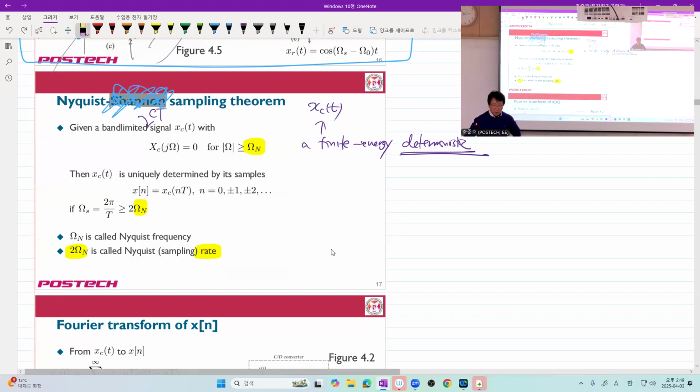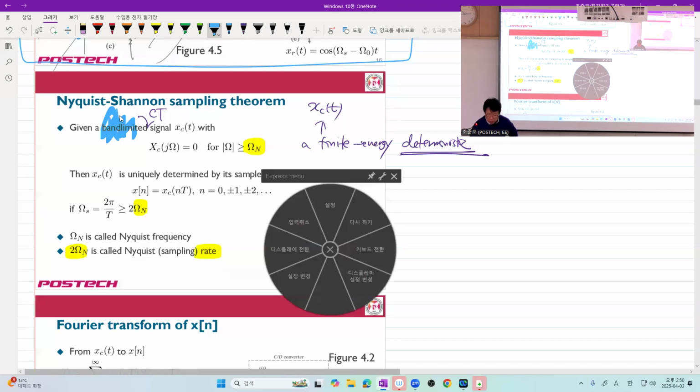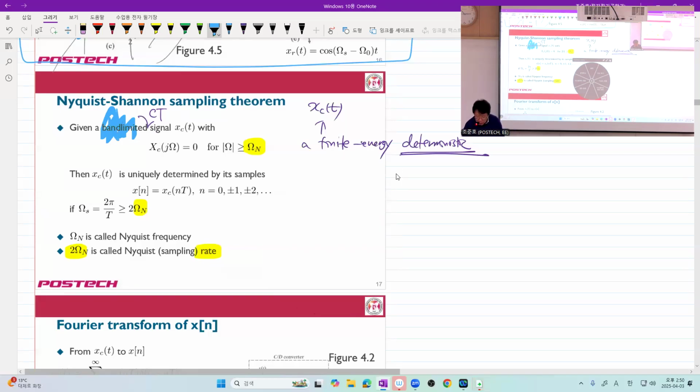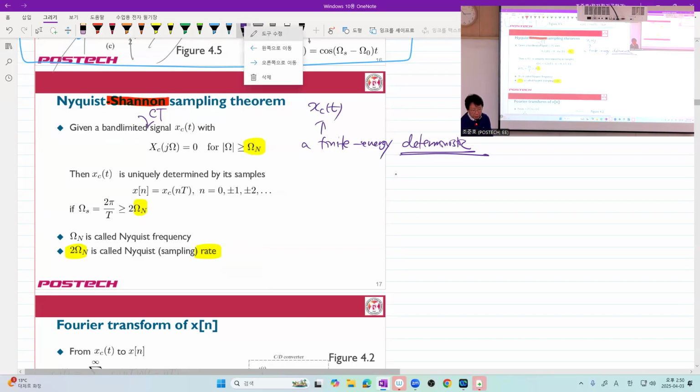Got it? So just cross this part out. Anyway, the maximum frequency content of the input signal is called the Nyquist frequency, and twice the maximum frequency content is called the Nyquist sampling frequency or Nyquist sampling rate. Got it?